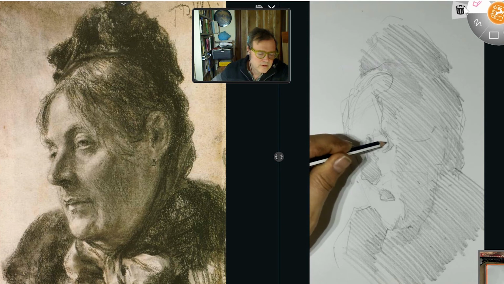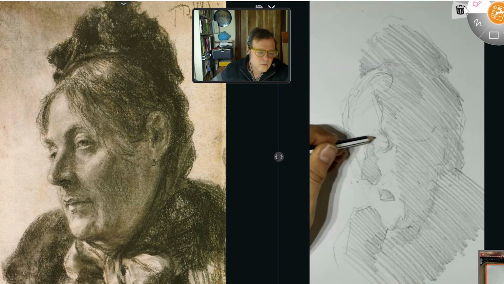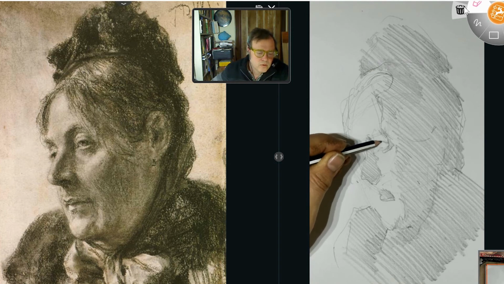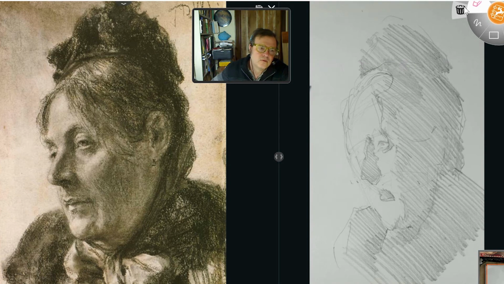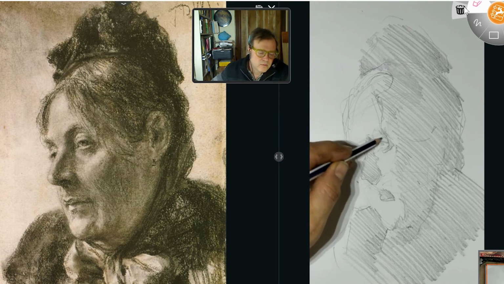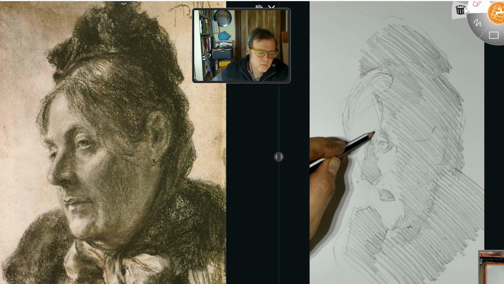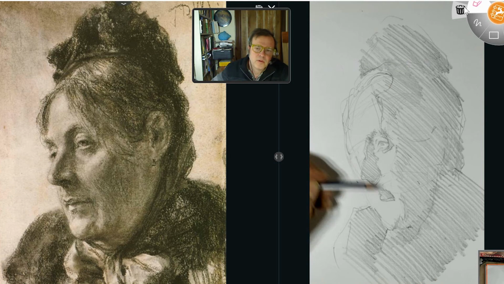So that's going to give us a pretty good idea of where to put this eyelid. And I'm going to just put a little dark in there for the iris. No detail. I'm using very light strokes right now. I'm going to extend the point on this shadow shape a little bit.